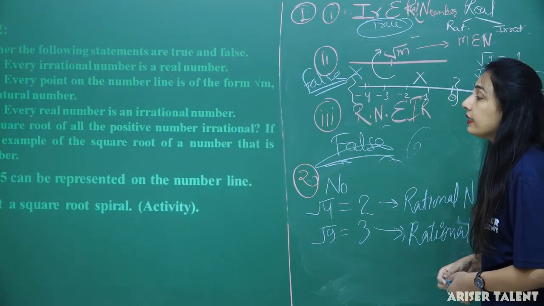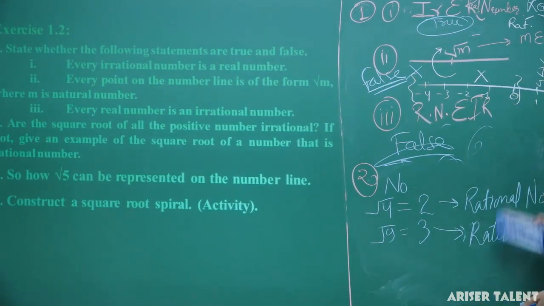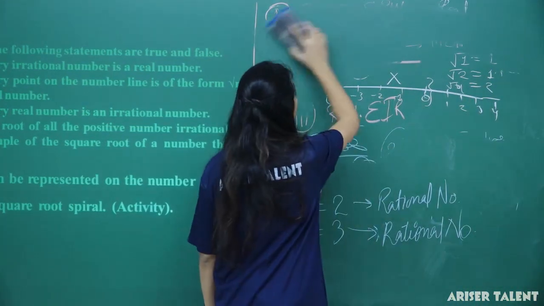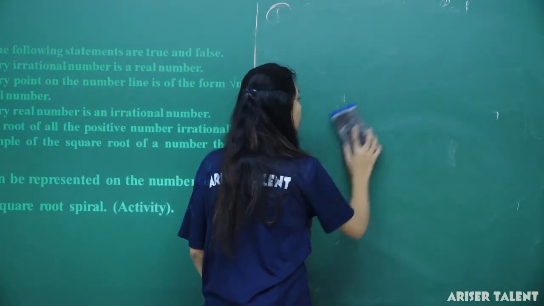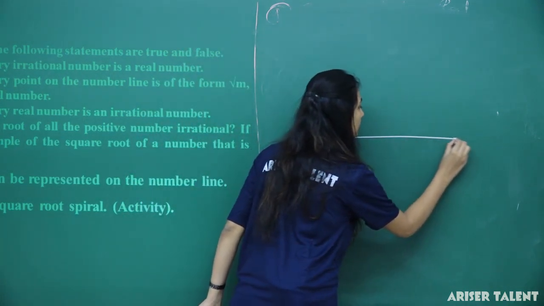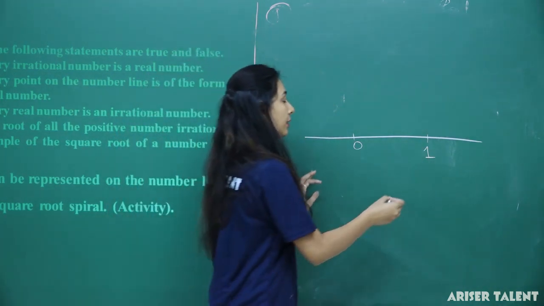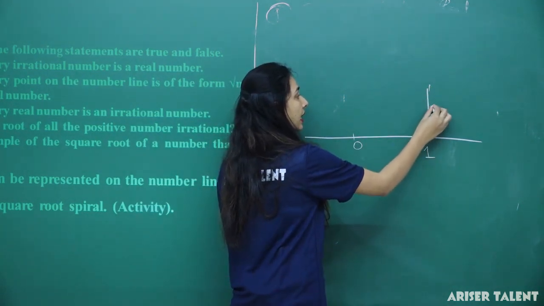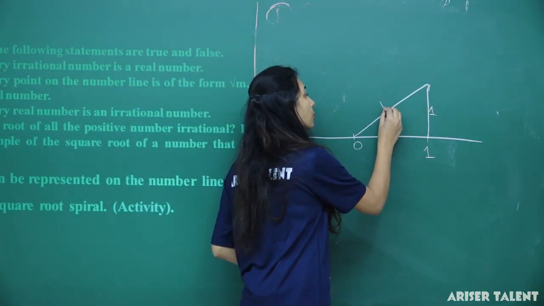Now, third, how can root 5 be represented on the number line? Copy these, then we will move forward to root 5. I have told you, you make a line with 0 and 1, using your geometry box. Taking unit and unit, you meet these points and get root 2.